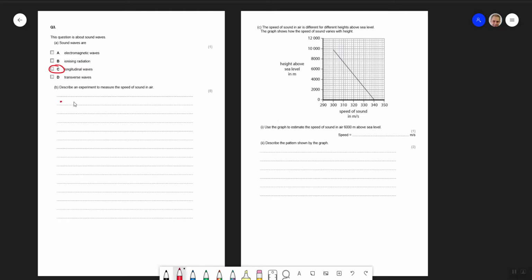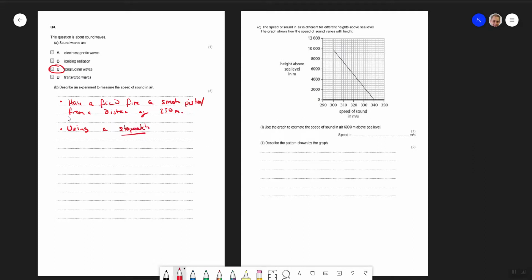I'm going to have a friend fire a smoke pistol from a distance of, let's say, 250 meters, using a stopwatch.